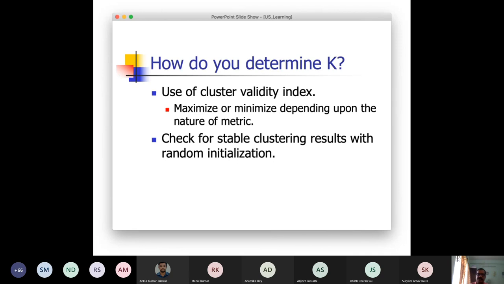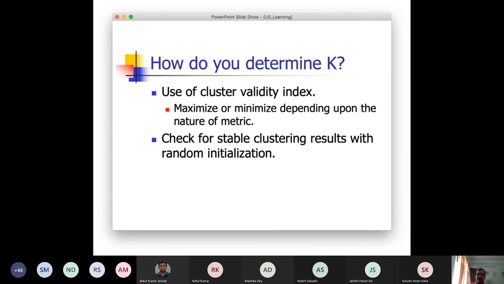The other technique would be this: in the k-means clustering algorithm, you can see that the result depends upon initialization. A suitable value of k should be such that whatever your initialization, your end result would be almost similar. This property is called stability of the clustering.